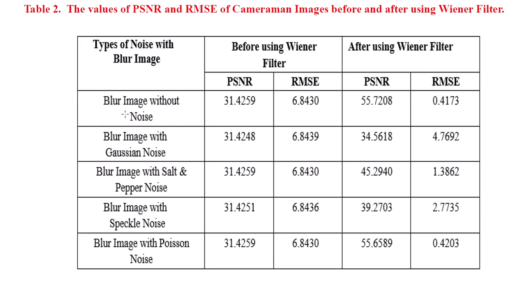For example, for a blurred image without noise, the value of peak signal to noise ratio is 31. After using winner filter it became 55. So the peak signal to noise ratio increases and the mean square error decreases, becoming 0.41 after using winner filter.